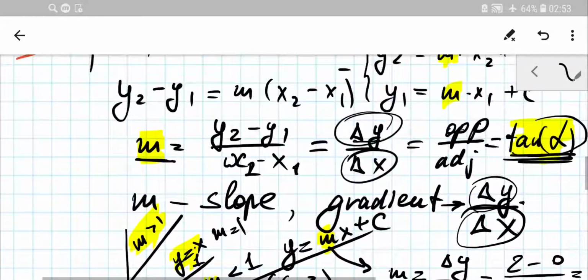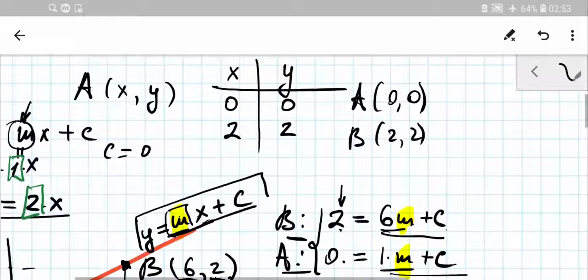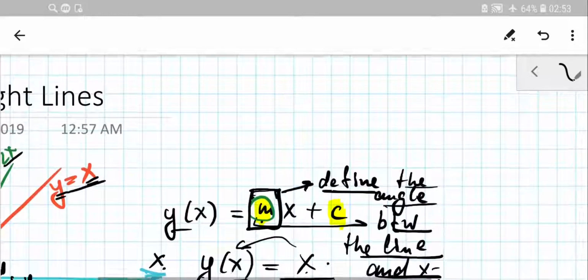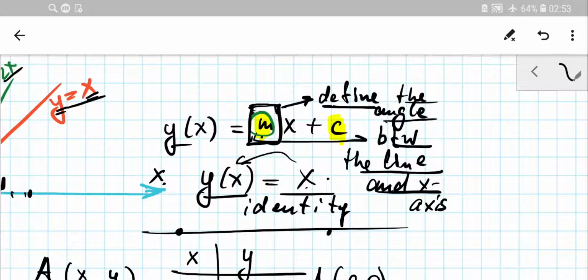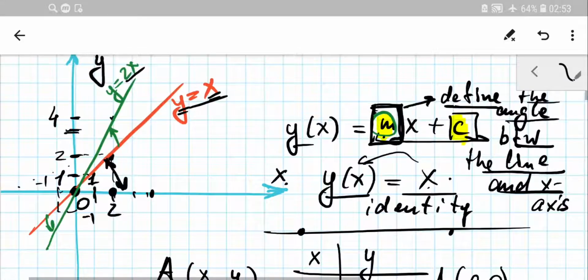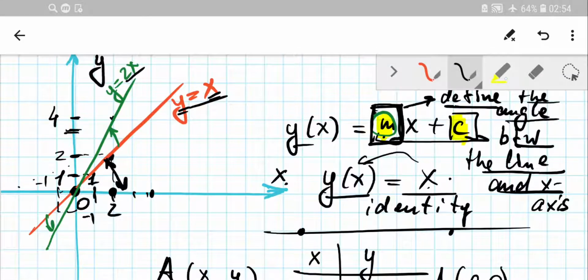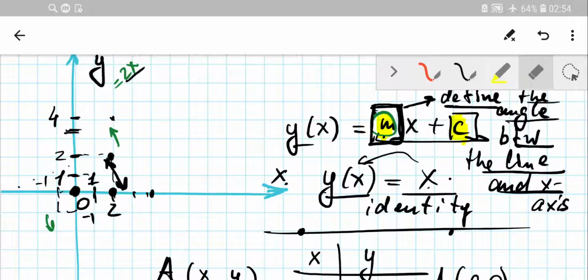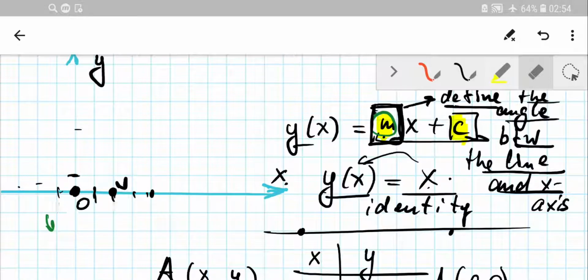So let's have a look. We actually only considered the first coefficient. Now it's time to find out something about c. All right, so let's do it here. What we want to do is say that we have an equation mx plus c, right?